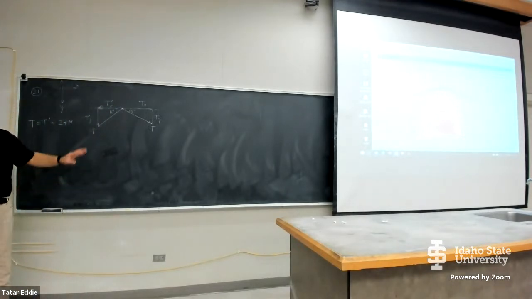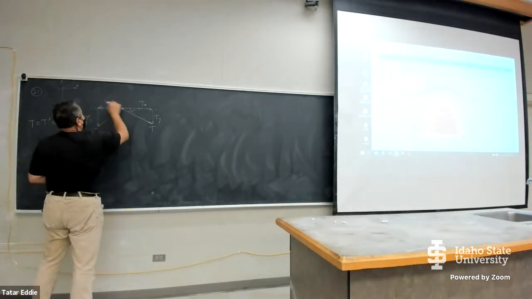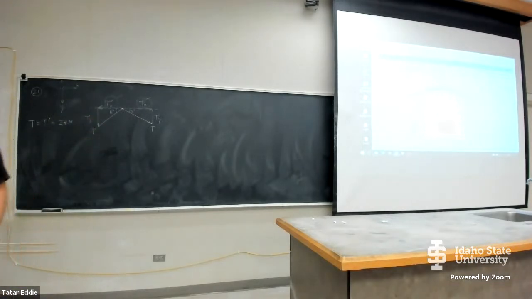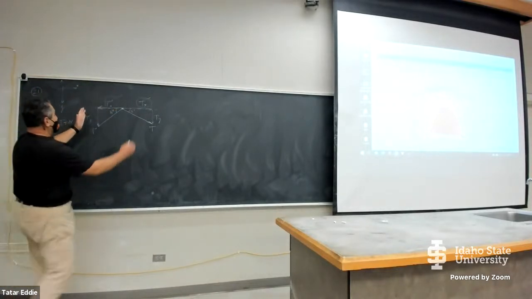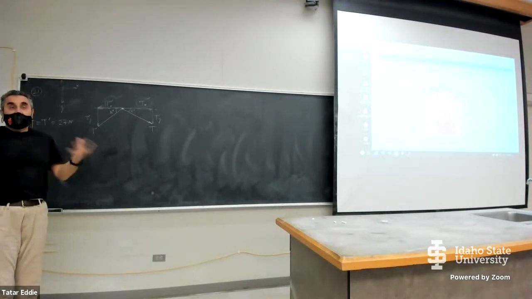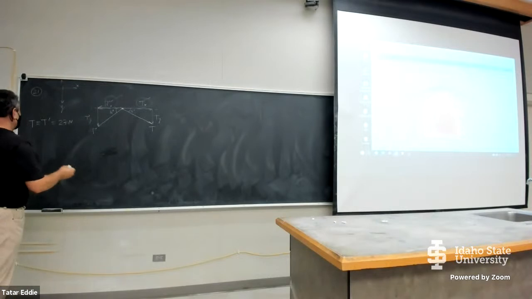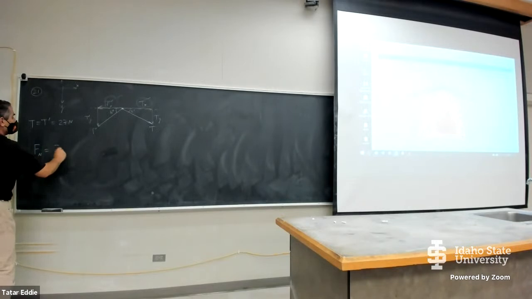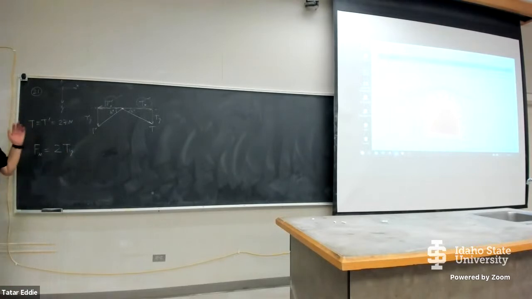And what do you see? The x components are exactly the same, because the triangles that are formed are the same triangles with the same sizes. So the x components cancel out, while the y components are in the same direction and add up. The net force F net is equal to 2 times the y component.